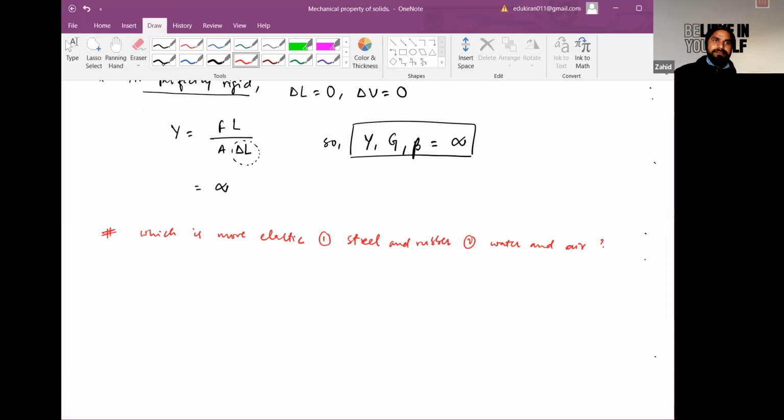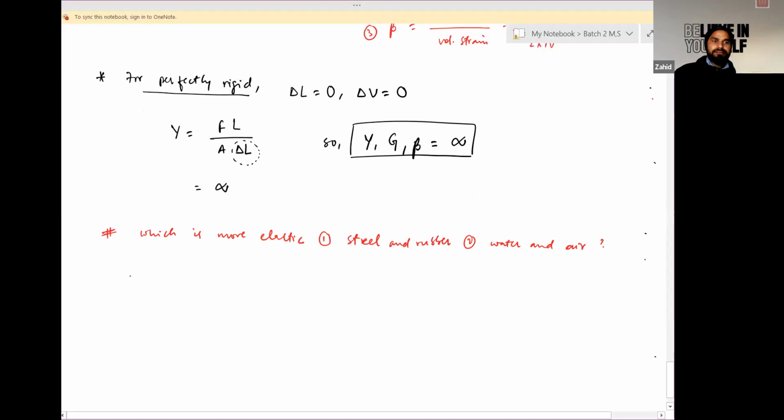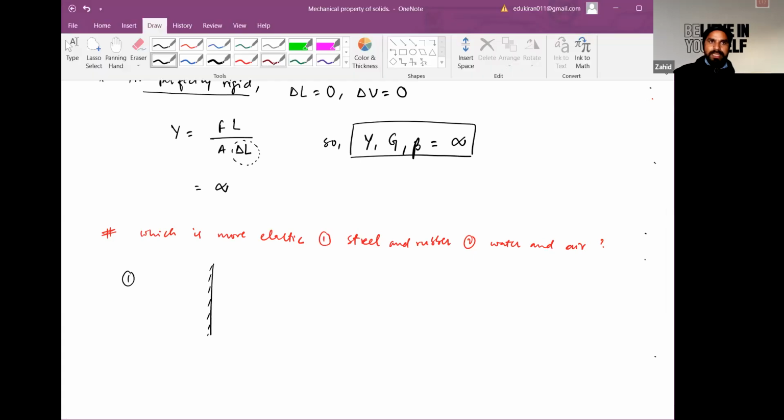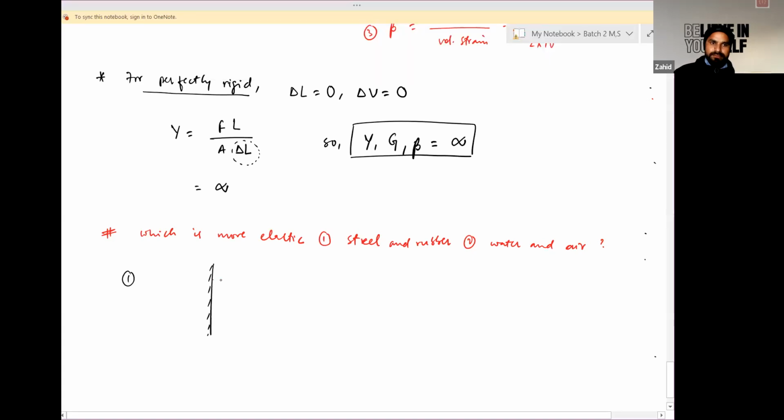For the first part, suppose there is a support by which a fixed length of rubber and steel is fixed.